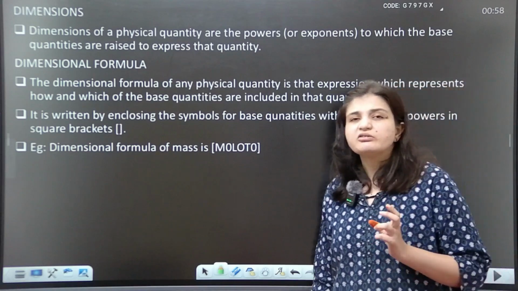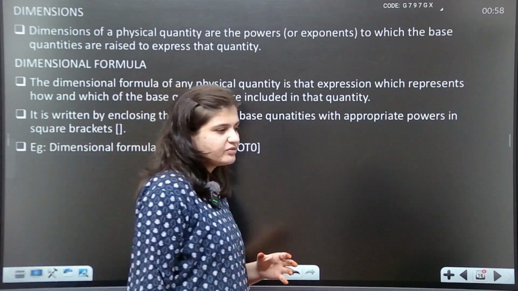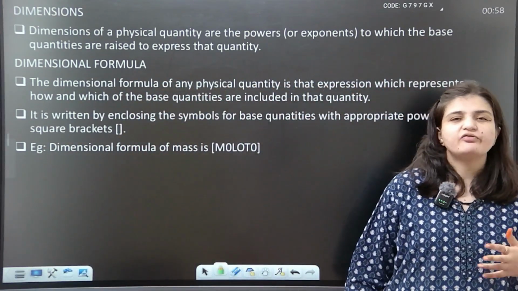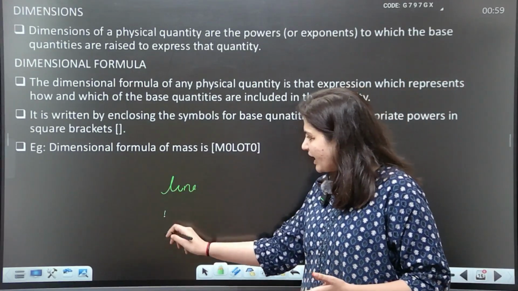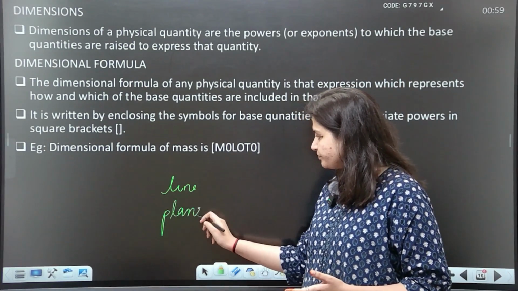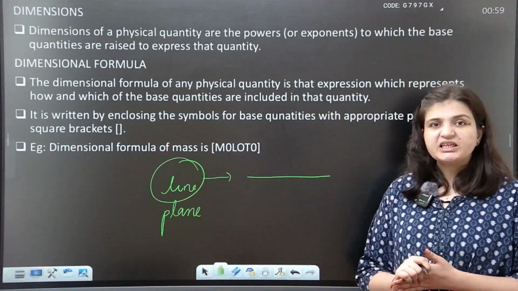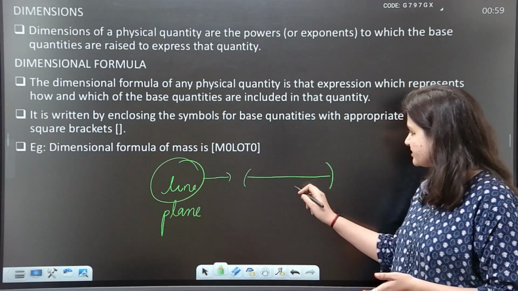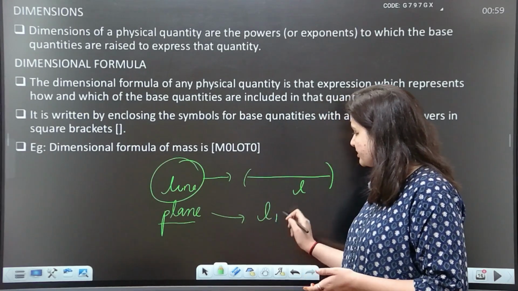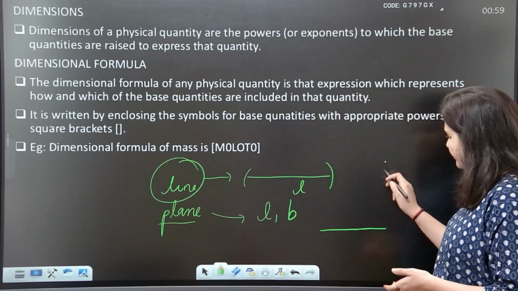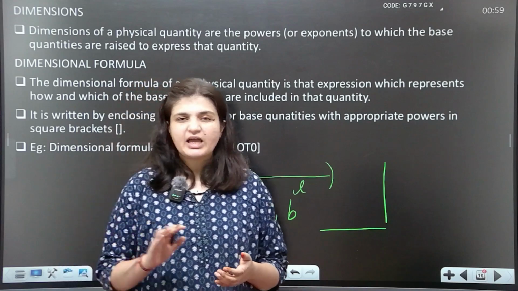This concept was discovered around 300 BC, where Aristotle gave the fundamental dimensions. For a line we need only one dimension, that is length, and for a plane we need two dimensions, that is length and breadth. This was the basic discovery of dimensions.